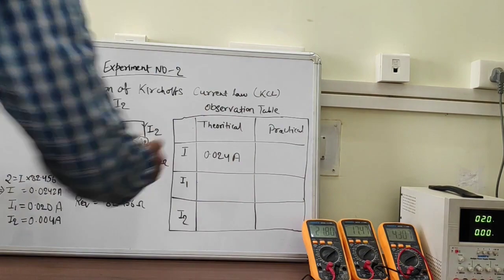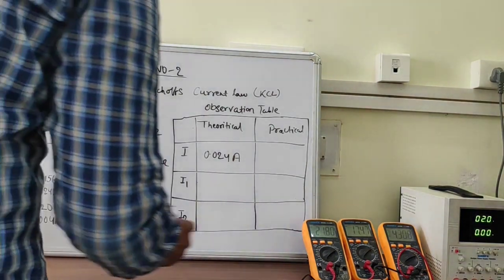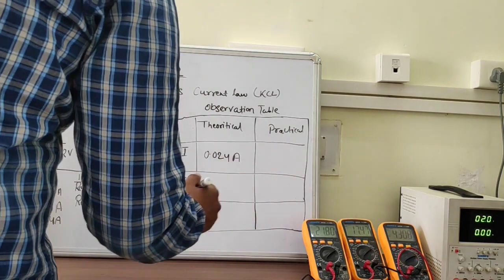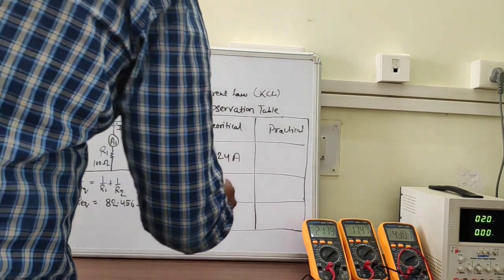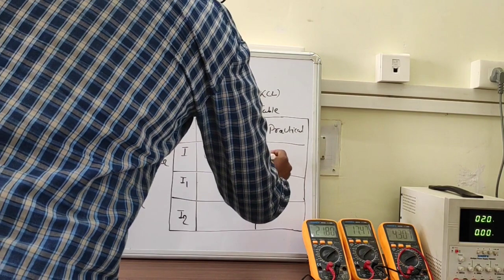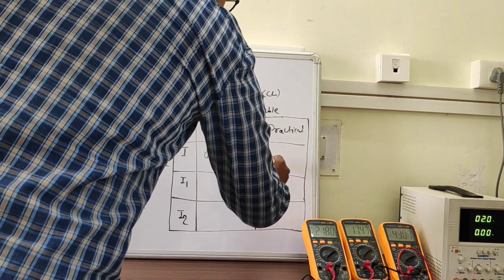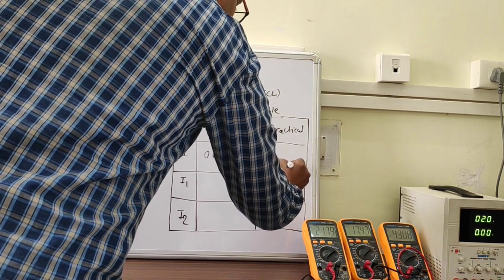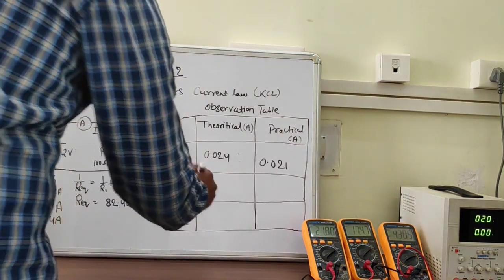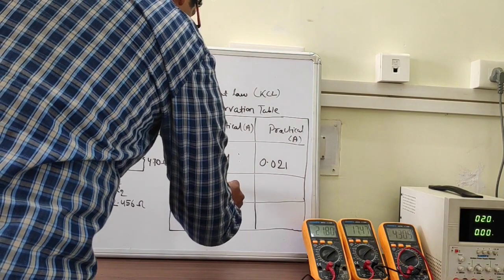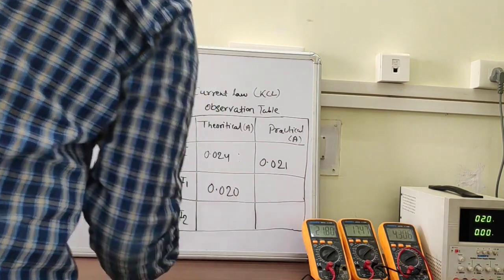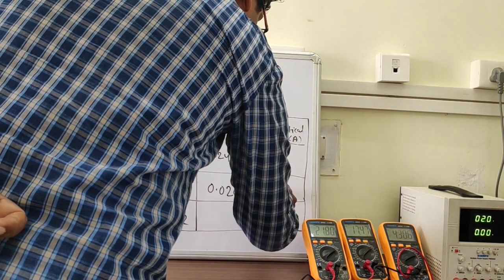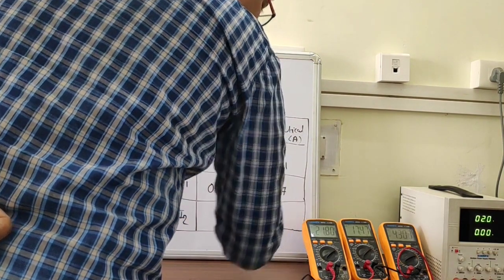I am taking only 3 digits after the decimal. The practical value is about 21.80 milliampere, which in ampere is 0.021. For I1, the theoretical value is 0.020 ampere, and the practical value is around 0.017 ampere.